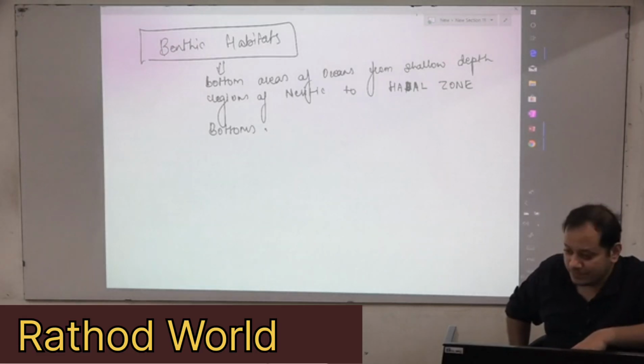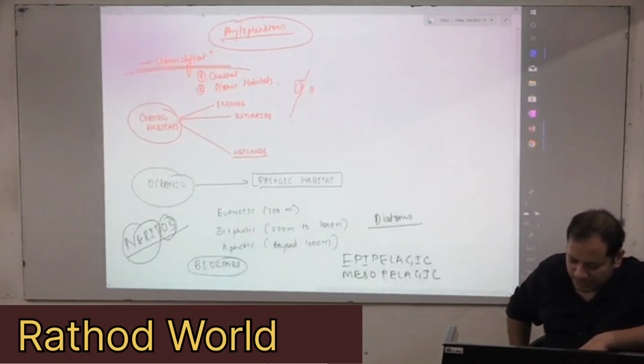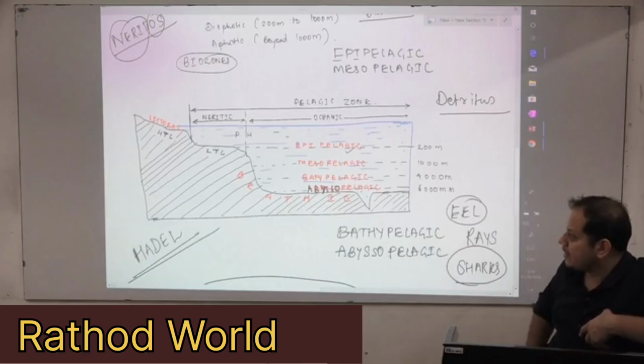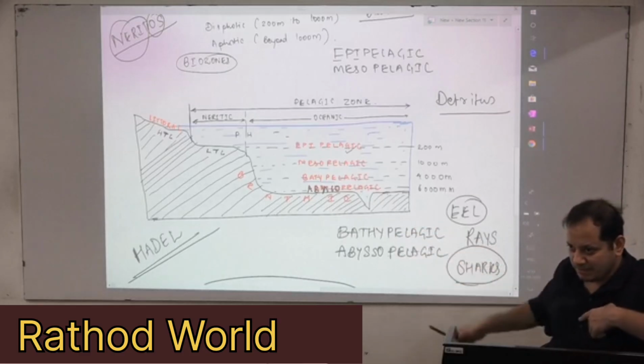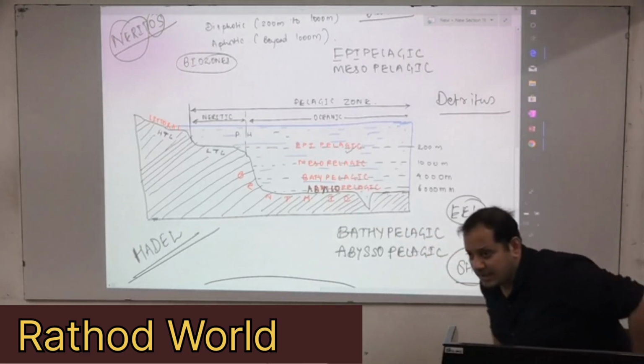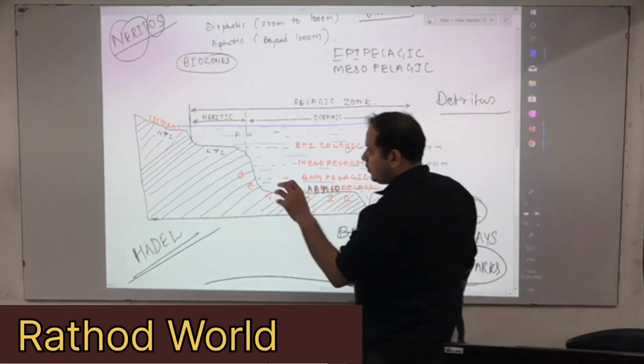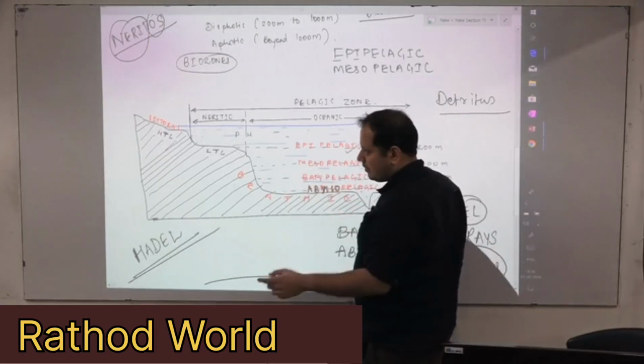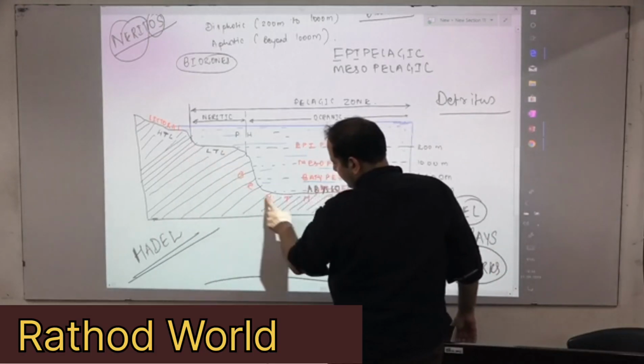Can I continue? You can see in the diagram where we have written benthic. The whole region is benthic. If you go through Shankar IAS's oceanic biomes diagram, benthic starts from here.